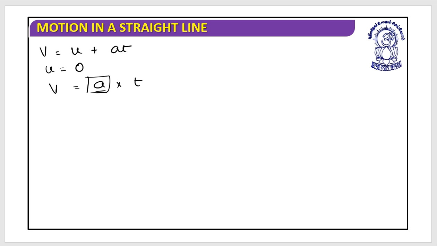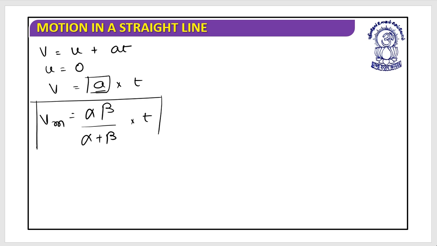What is it? That different way is alpha into beta divided by alpha plus beta, into t. This is my Vmax, because this is one of the favorite questions of the faculties who are arranging the papers. So Vmax equals alpha into beta divided by alpha plus beta into t.